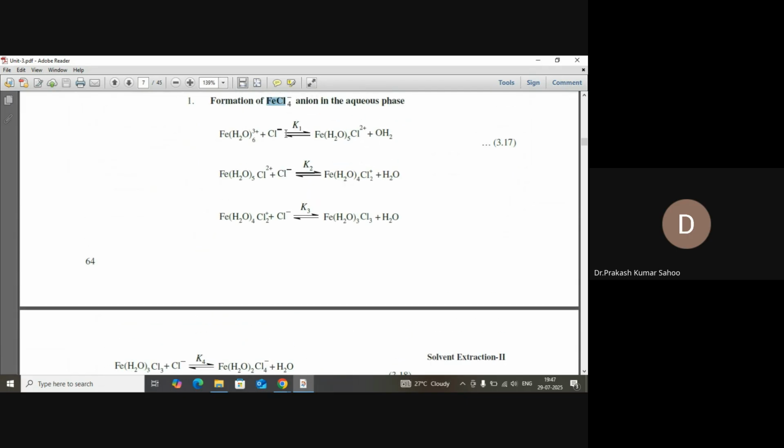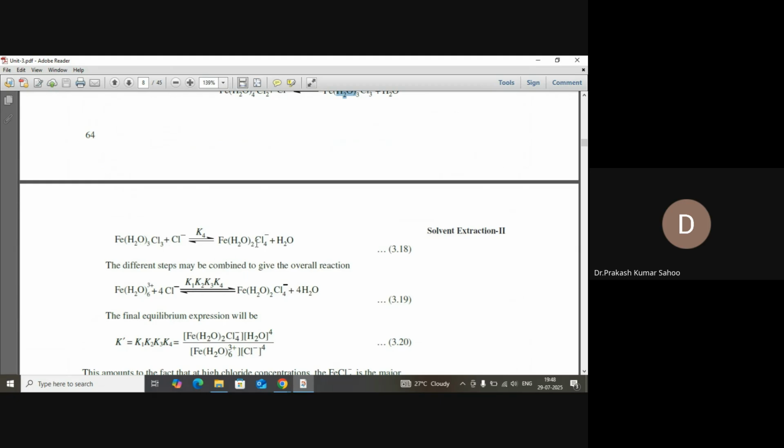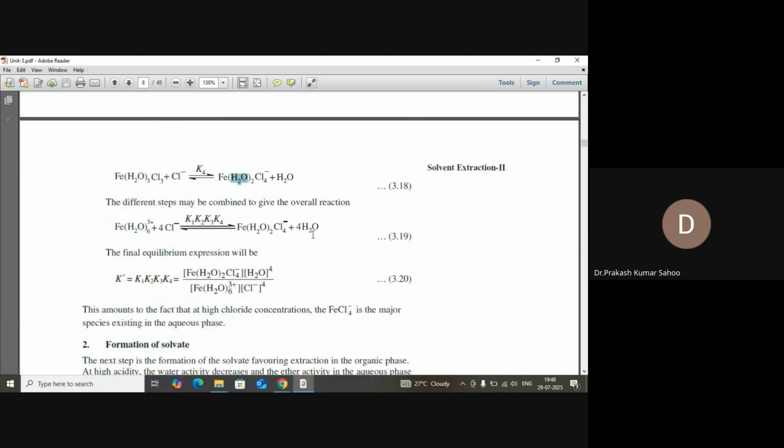In the first equation, there are 6 water, from which 1 water was separated, and we have 5 water. In the second reaction, we have 4 water. In the third reaction, we have 3 water, and in the fourth reaction, we have 2 water. Okay, so we have 4 equilibrium constants K1, K2, K3, K4.